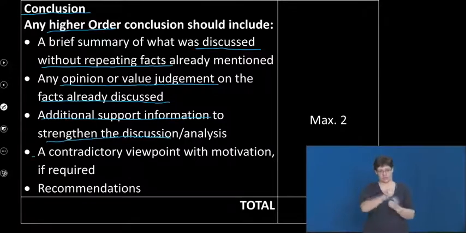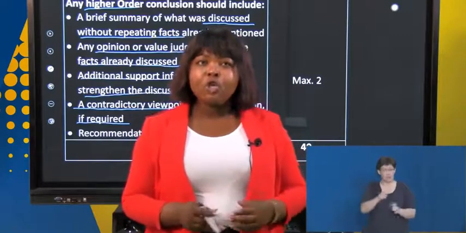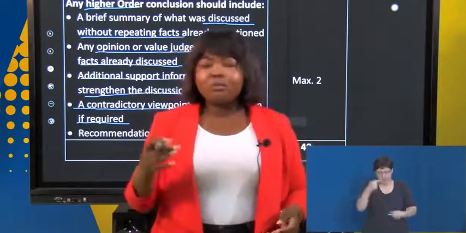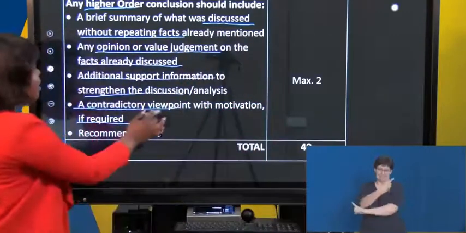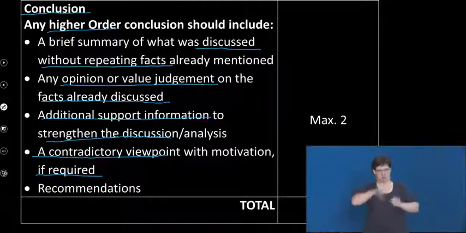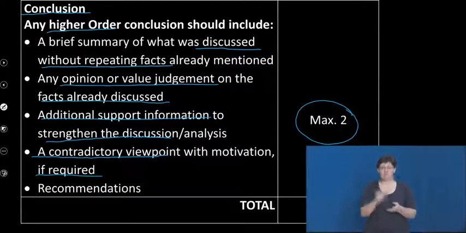A contradictory viewpoint with motivation if it is required, especially for evaluate kind of questions where you were required to evaluate. Remember, an evaluate question requires you to give arguments for and arguments against. So in the conclusion you can make a contradictory viewpoint with motivation if required. This carries 2 marks in the exam, which gives our total for the essay 40 marks. So the essay carries a total of 40 marks.